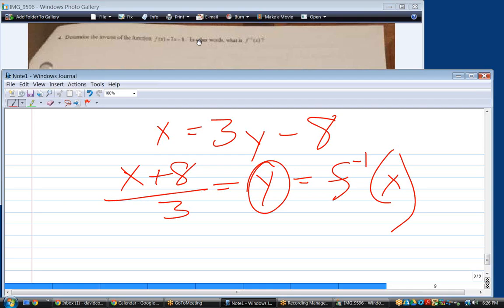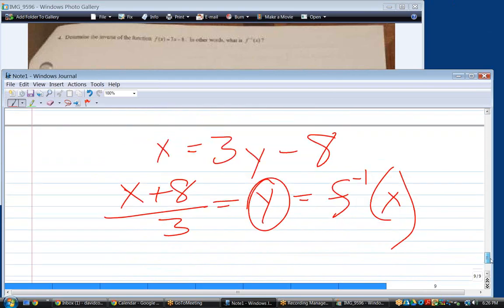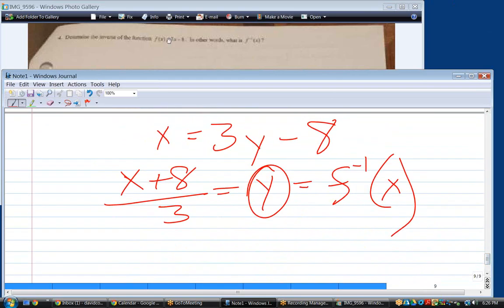So this works really well for simple functions. It doesn't work quite as well when you have quadratics. If this were a quadratic function, it would be much harder to solve. And I would be surprised if they didn't give you that at some point, given your IB program. But if we're not dealing with that tonight, probably not worth going into.